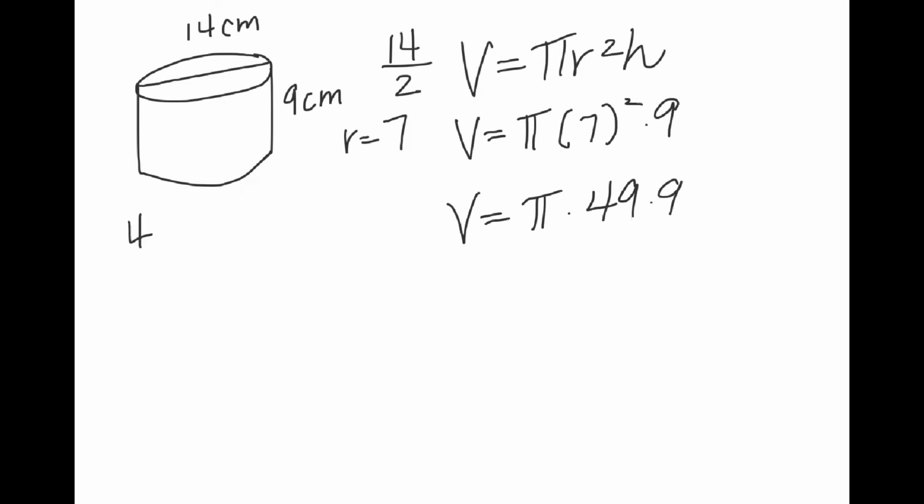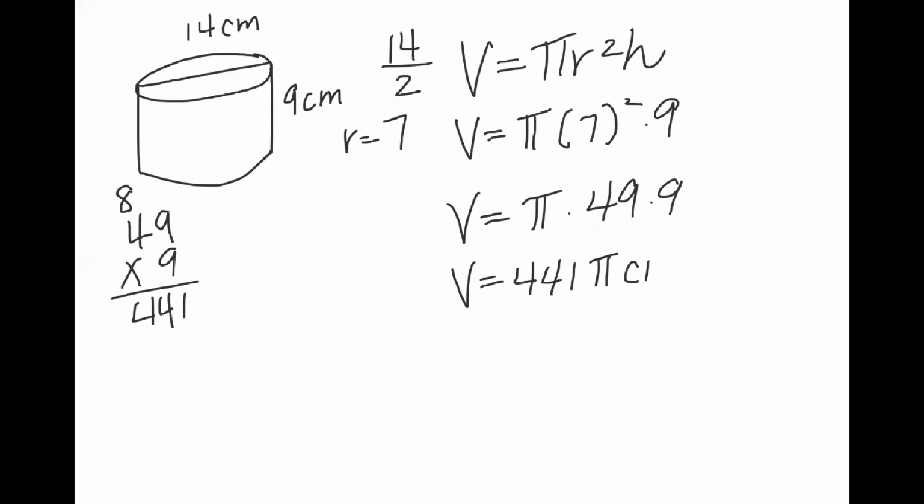So 49 times 9 gives us 81, carry the 8, 36 plus 8, 44. So we got 441 pi centimeters cubed. Okay? Remember, volume is cubed.